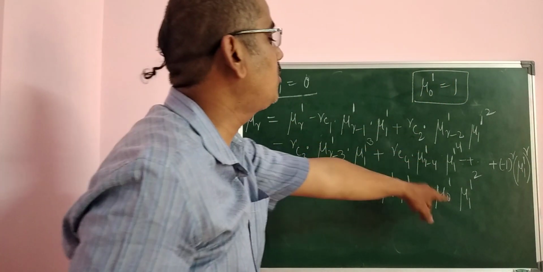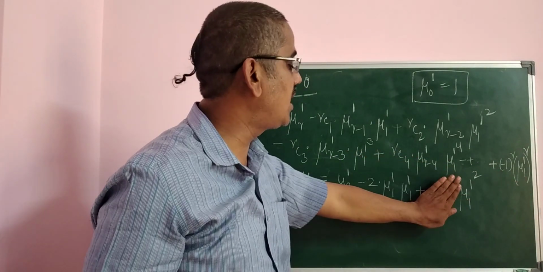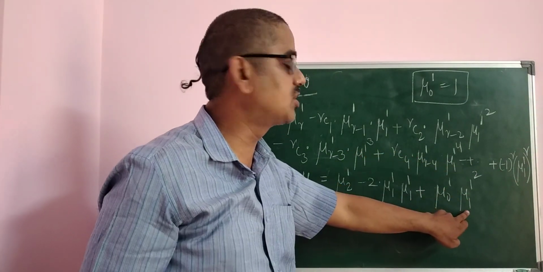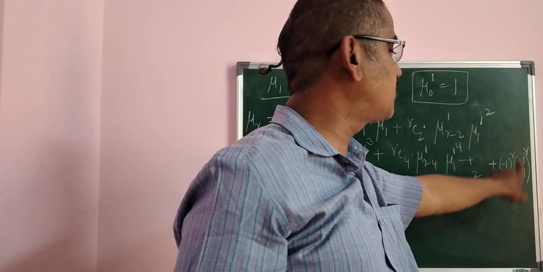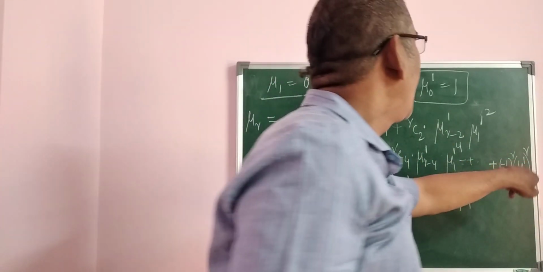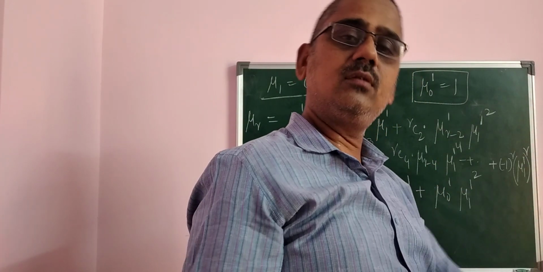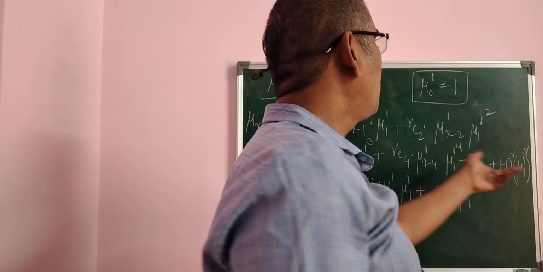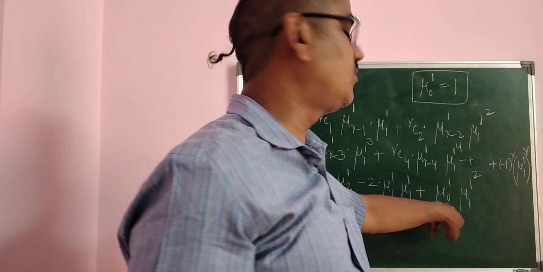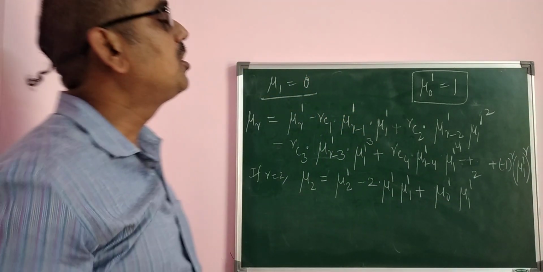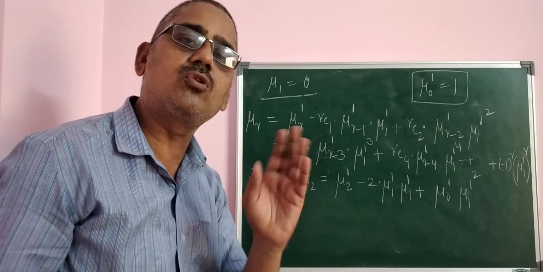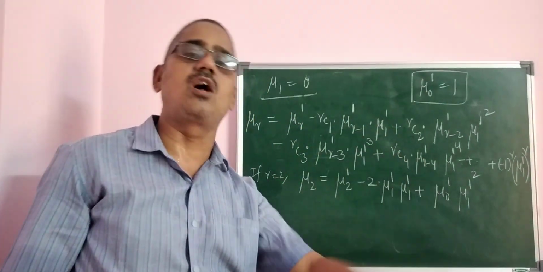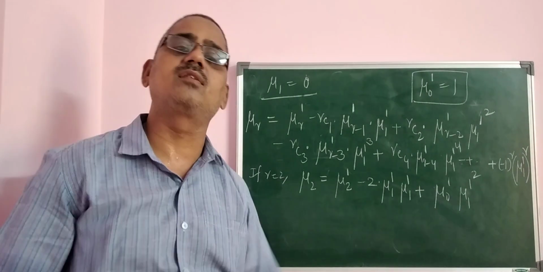If you have any doubt, you refer to the last term: mu 0 dash is 1, that is plus mu 1 dash square. Substituting r is equal to 2, minus 1 whole square plus 1, and mu 1 dash whole square, so plus mu 1 dash whole square is the term. You can stop whenever you have 2C2, 3C3, or 4C4, that is the last term.